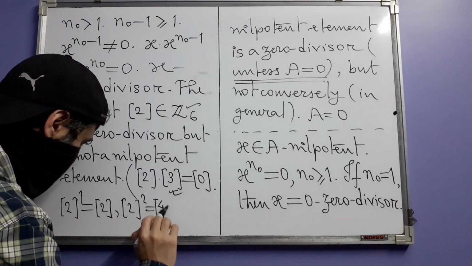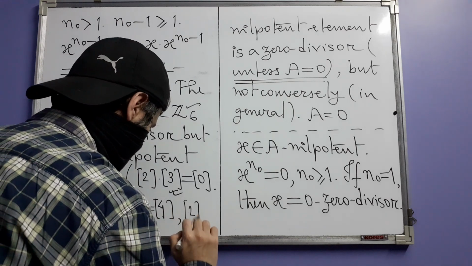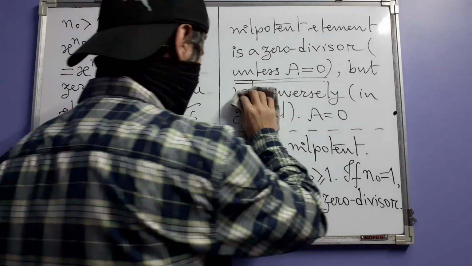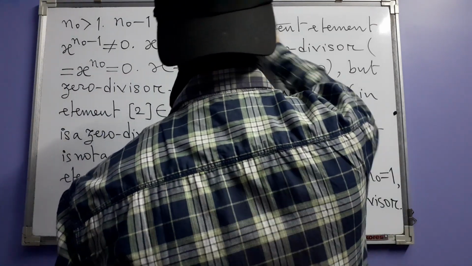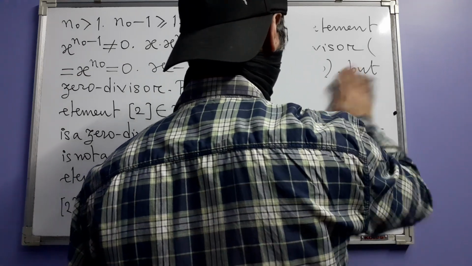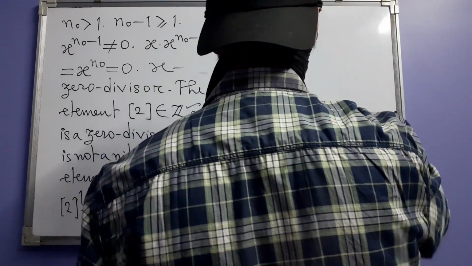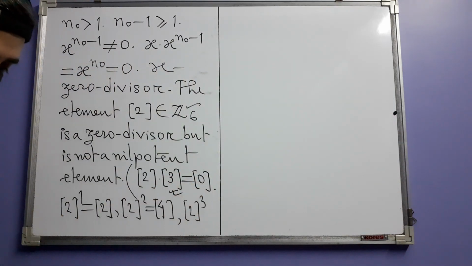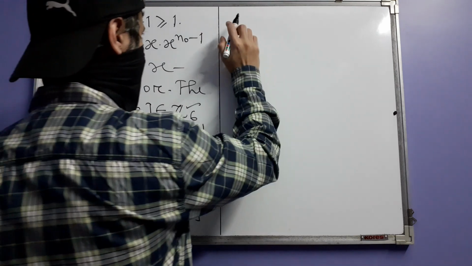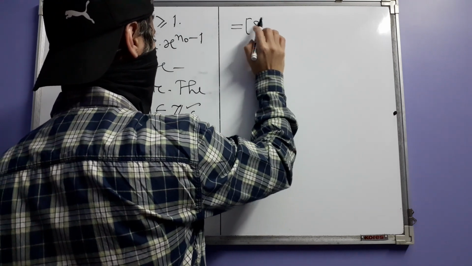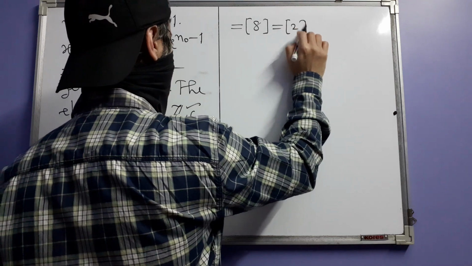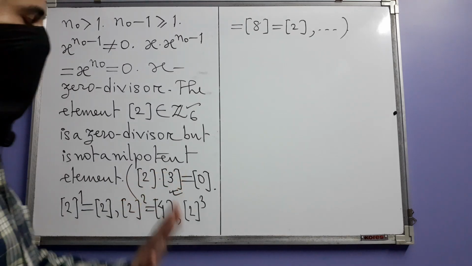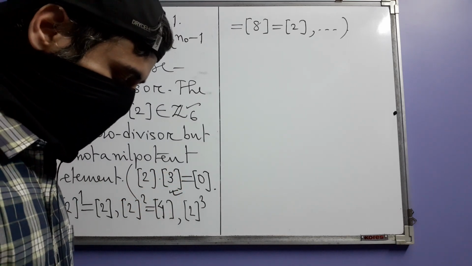This is 4, and if you see the next power, you will get 8, but the congruence class containing 8 is just the congruence class containing 2, so you get back 2. So in this way you just keep cycling between these possibilities, 2, 4, 2, 4, like that it goes. 0 never comes. That is why it is not nilpotent despite being a zero-divisor.